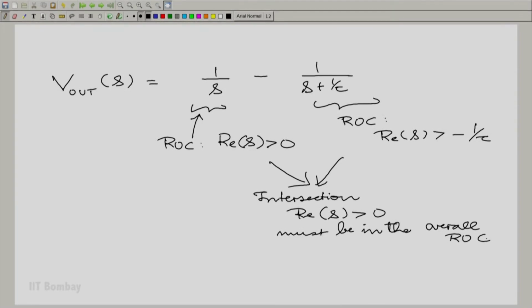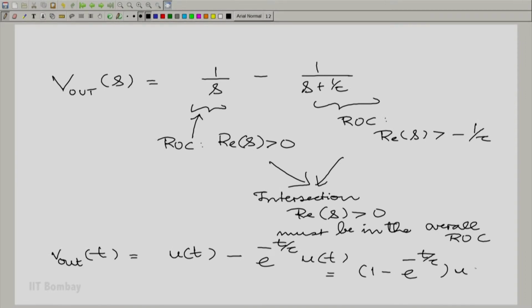The intersection, which is real part of S greater than 0, must be in the ROC, and we can use that to invert this. And when we use that to invert, we get V out t, very simple, is u of t, that is the inverse of 1 by s, minus e raised to the power minus t by tau times u of t, or 1 minus e raised to the power minus t by tau times u of t, which is indeed the step response that we had got much earlier.